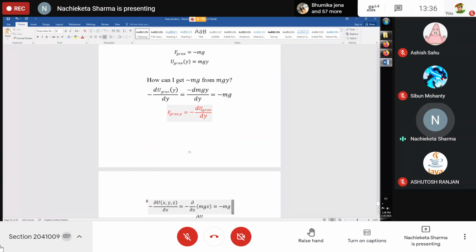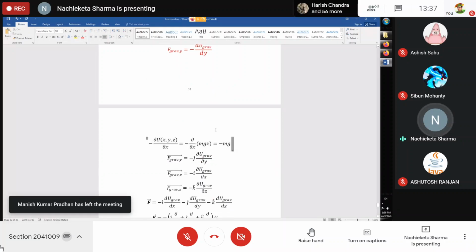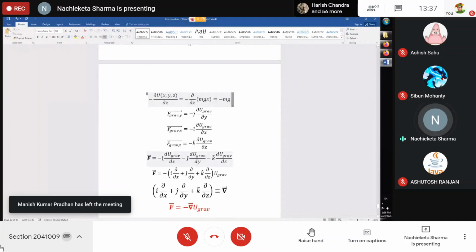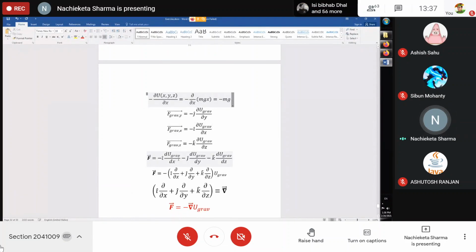F_y is equal to minus del U by del y, F_x is equal to minus del U by del x, F_z is equal to minus del U by del z. And if you combine them, you will get such an equation. I have combined them because force is a vector quantity. That's why I have introduced i, j, and k. And finally, when this vector operator operates on this U, then you will get your force back, isn't it?